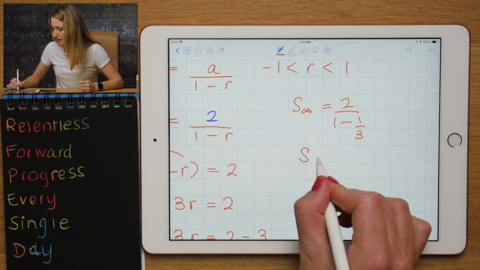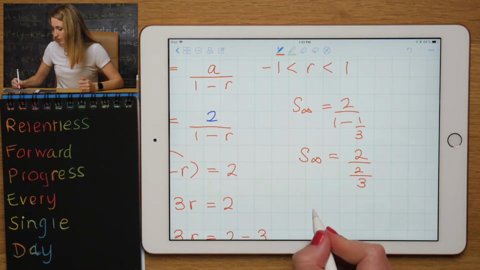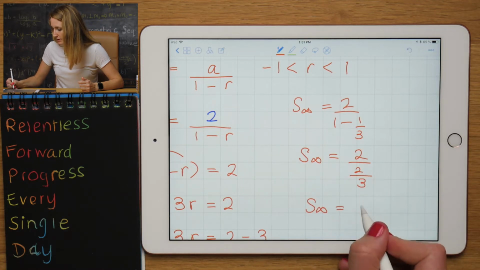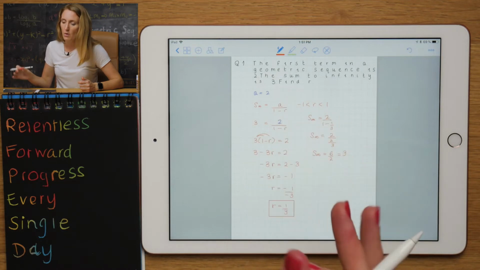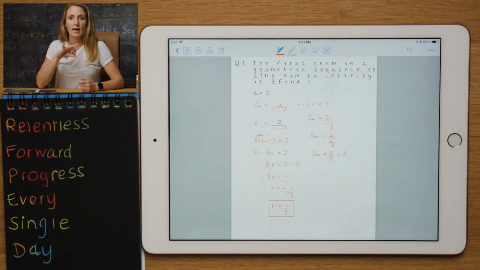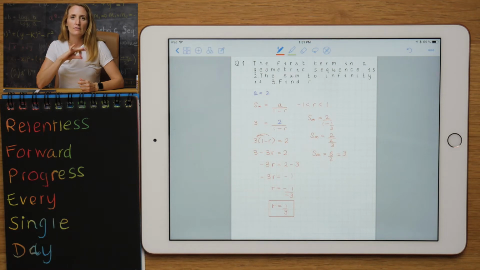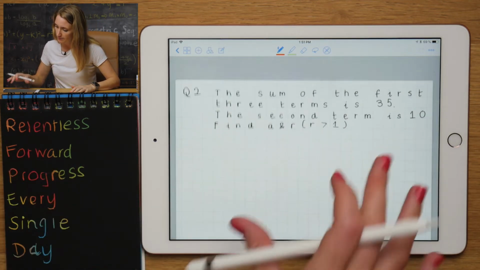And that will give me 2 over 2/3. Put the 3 on the top: S infinity is going to be 6 over 2, which is 3, which is correct. So always take time at the end of your questions to substitute the numbers back in. I'm not going to do that for questions 2 and 3 because I want to wrap this up before I melt. But in the exam, you should definitely take the extra 2 seconds to do that.